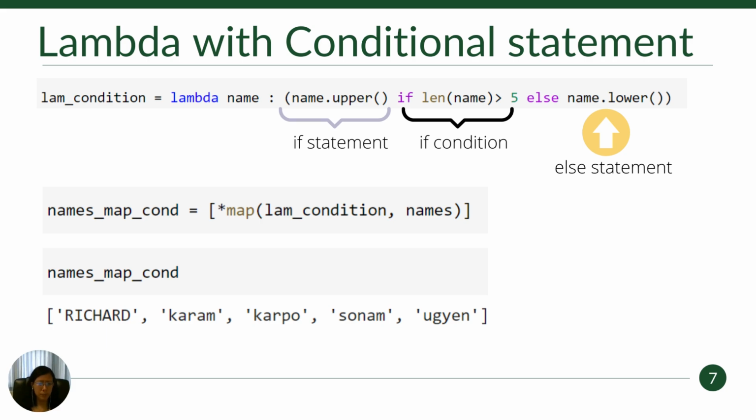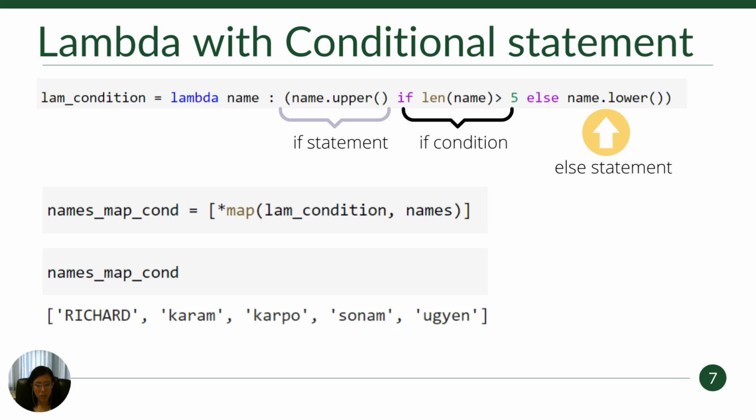Now, after this conditional function is defined, we can use a map, and this function will be mapped to the name list that you have previously. You can see that only Richard has been changed to uppercase, and the rest of the names are all changed to lowercase.